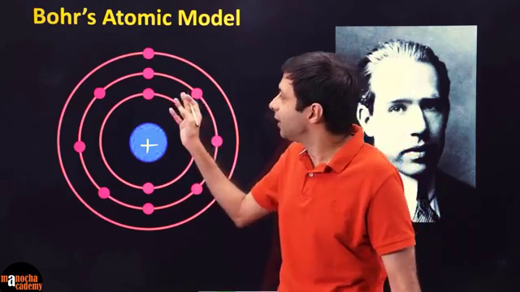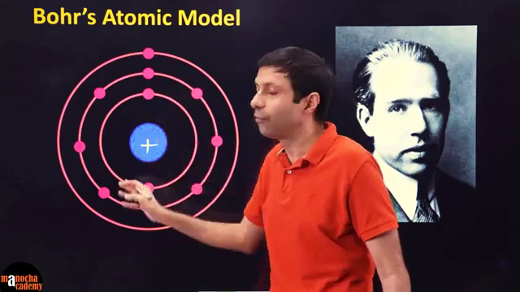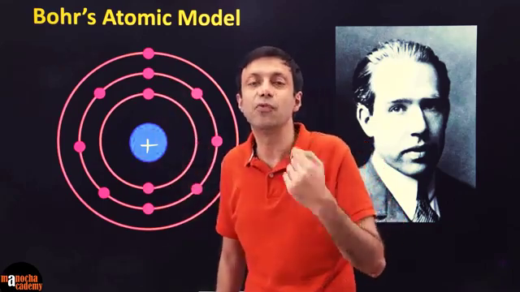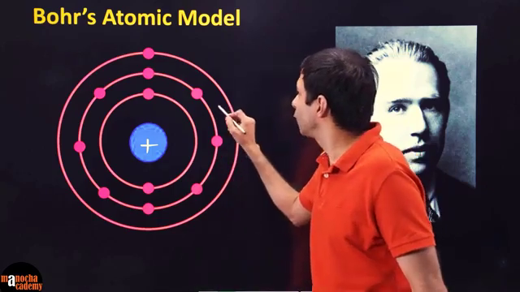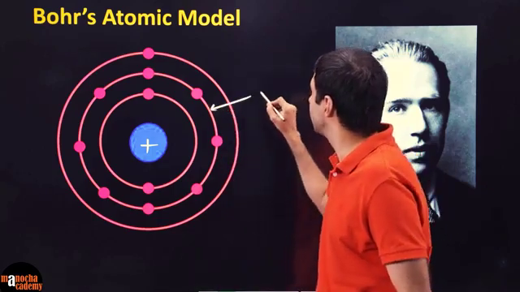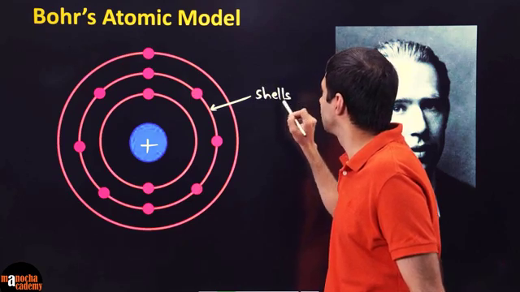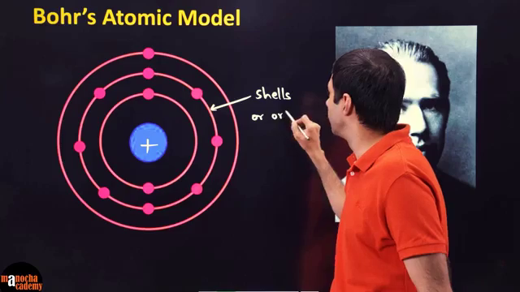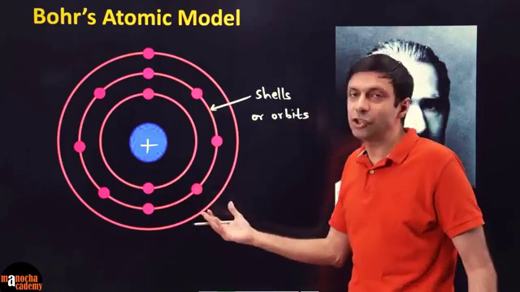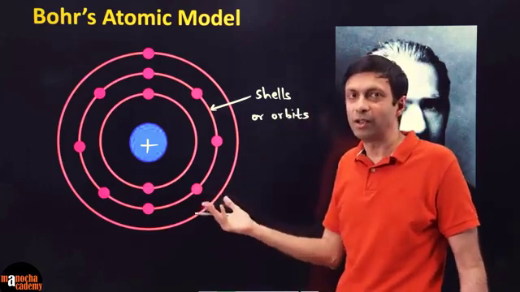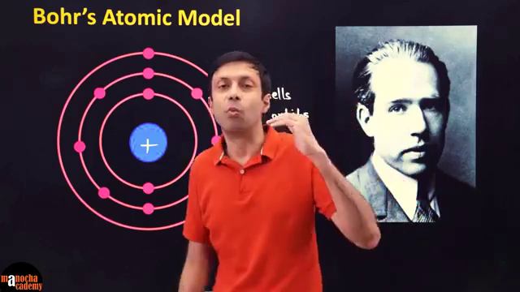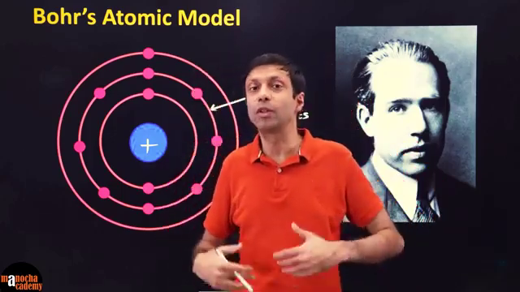And then he said that electrons revolve around in certain fixed orbits, known as shells, or you can call them orbits. So this is the visualization you should have of Bohr's atomic model, and let's discuss the postulates of Bohr's model.